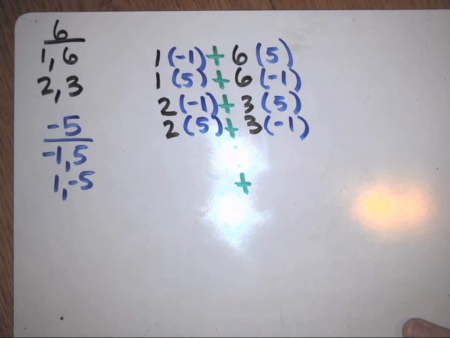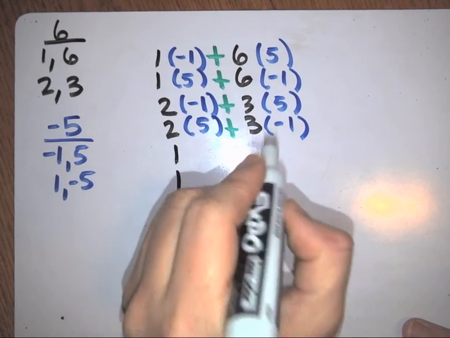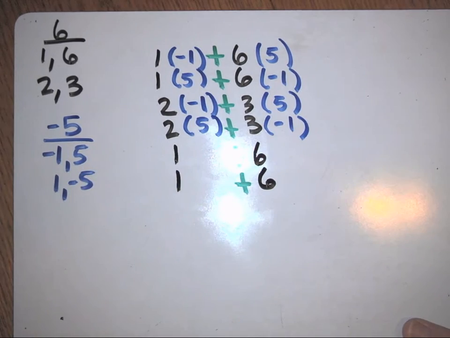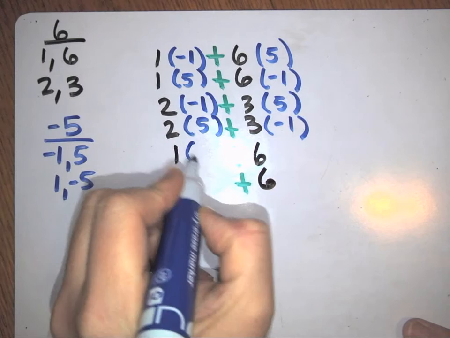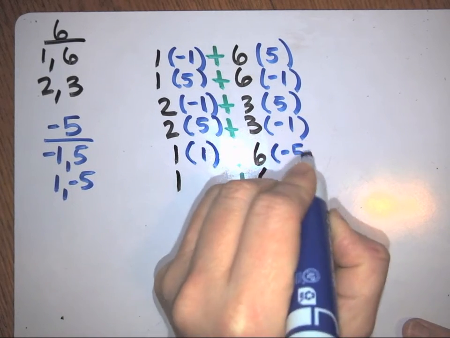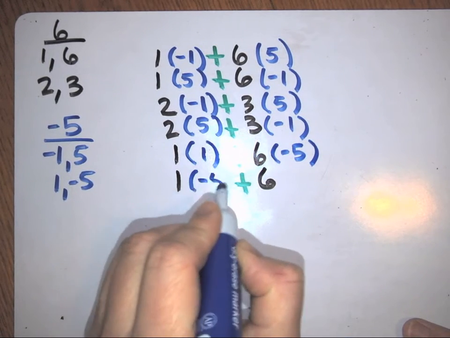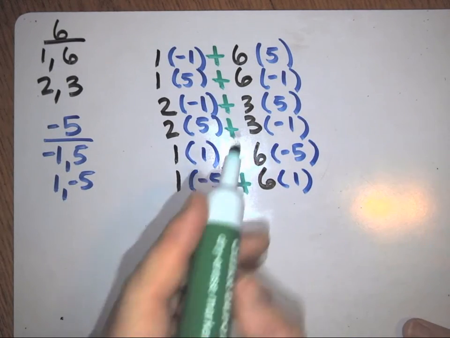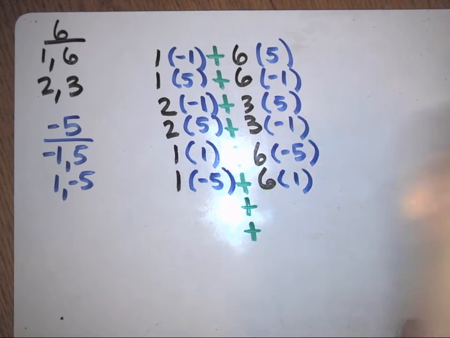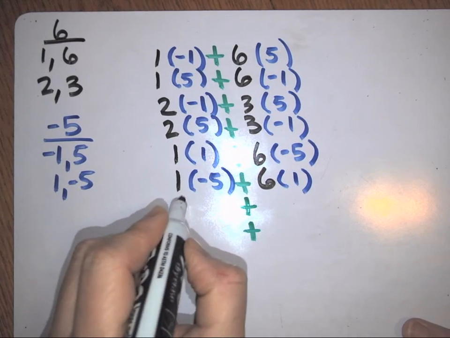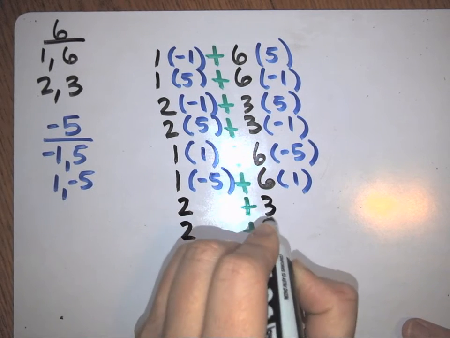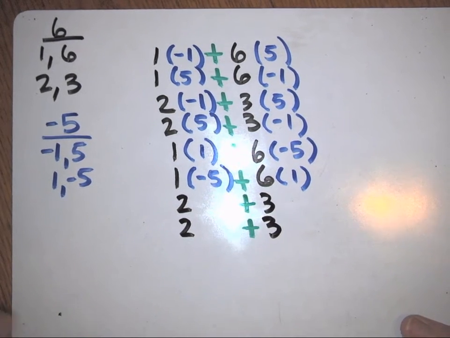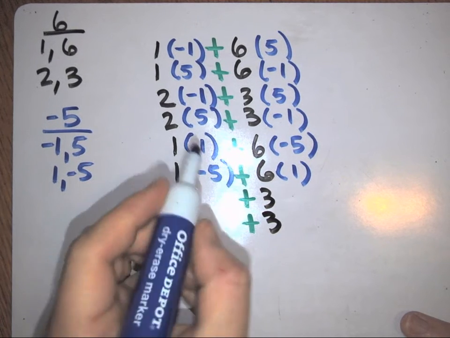Okay, I'm going to go back to my 1s and 6s for my +1 and -5, and then they'll switch sides. I need 2 more spots for my 2s and 3s to get paired up with.